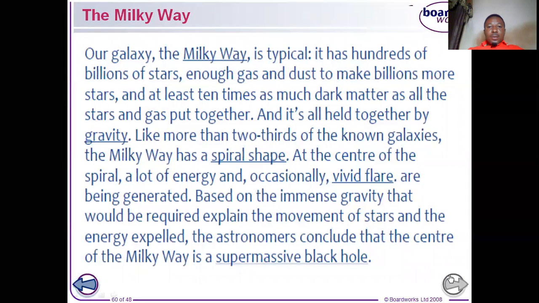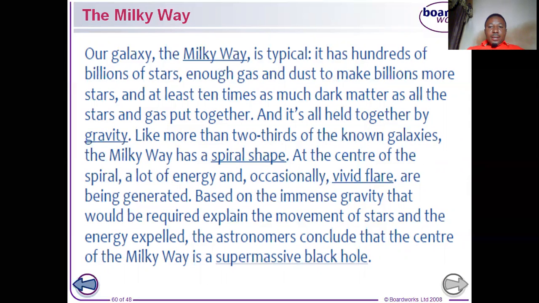Our galaxy, the Milky Way, is typical. It has hundreds of billions of stars, enough gas and dust to make billions more stars, and at least 10 times as much dark matter as all the stars and gas put together.